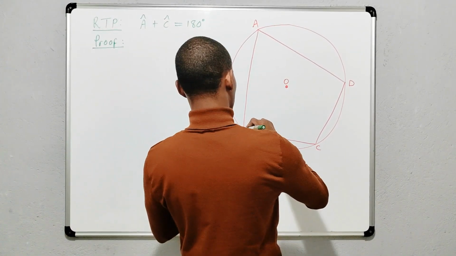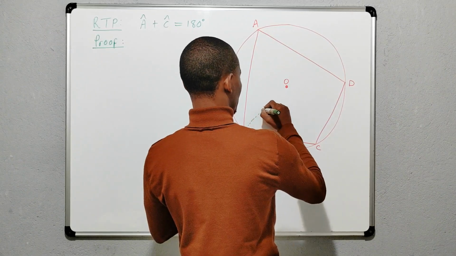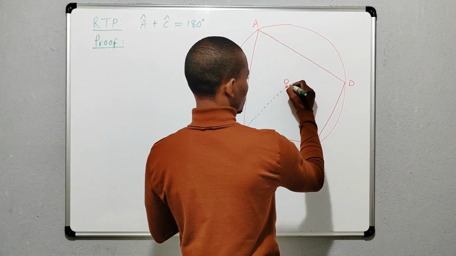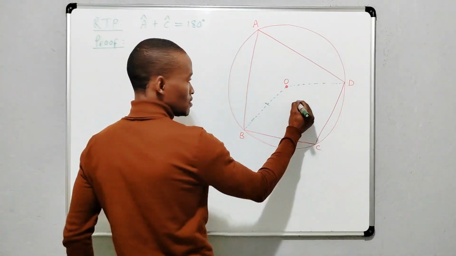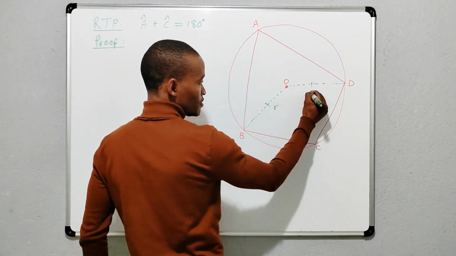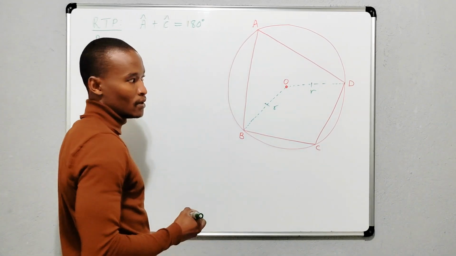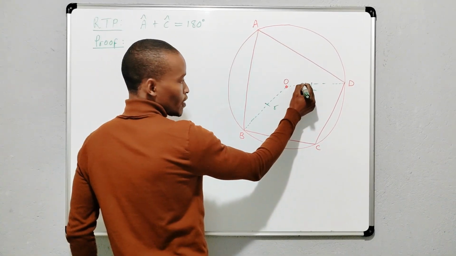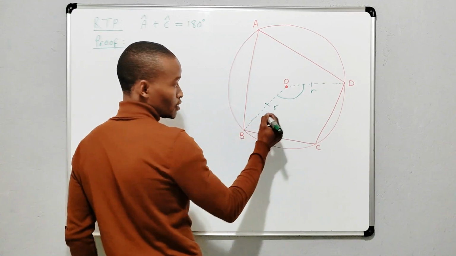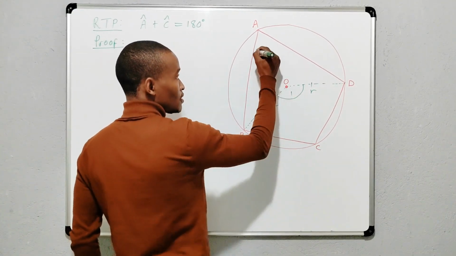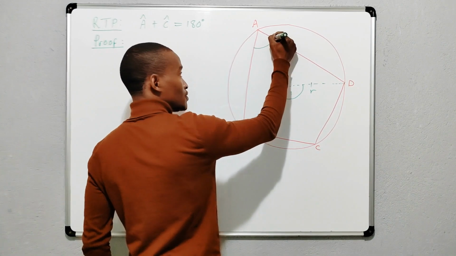So let's do that. What is this? What is that? They are radius, they are radius. Okay? We have seen that this angle, we're going to call it O1 in this case, is related to that one.